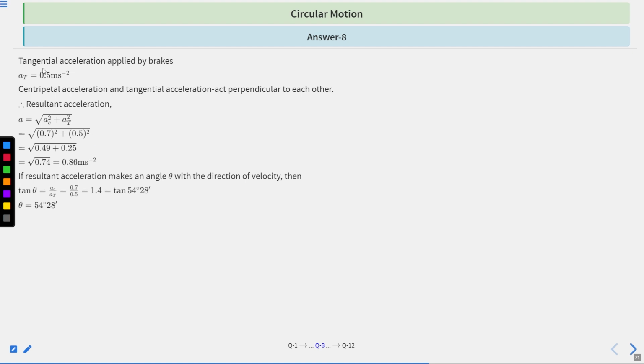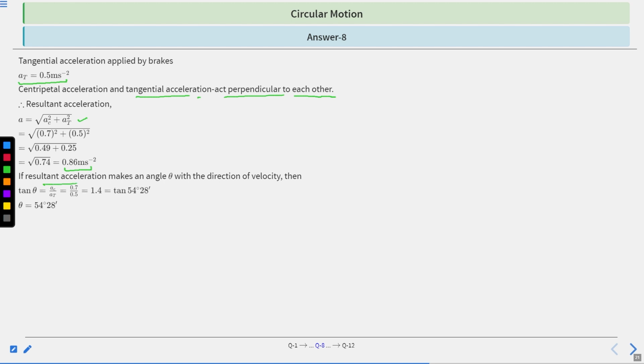The tangential acceleration applied by the brakes, AT, is equal to 0.5 meter per second squared. The centripetal acceleration and tangential acceleration act perpendicular to each other. So the resultant acceleration A equals the square root of AC squared plus AT squared, and putting in AC and AT, you will get 0.86 meter per second squared.